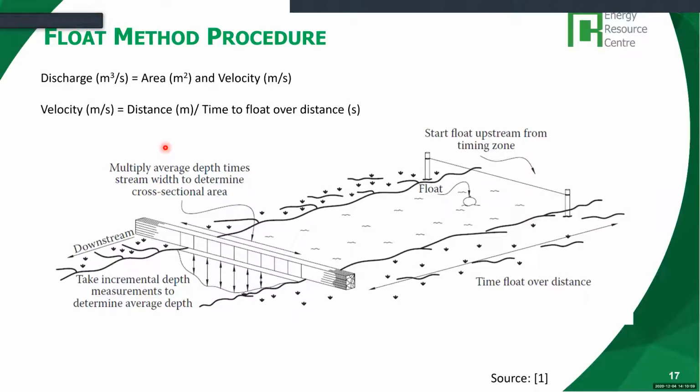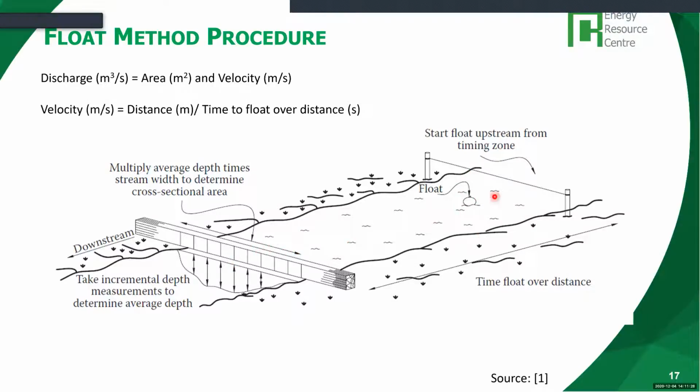Another simple method, as you might have seen if you go to a river, is that sometimes you can throw some floating object, some leaf or some ball of paper, and let the river float it from here to there. Then you measure the distance, let's say 50 meters or 20 meters, and how long it takes to go, and then you get the velocity at the top.